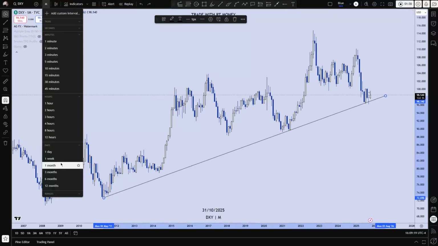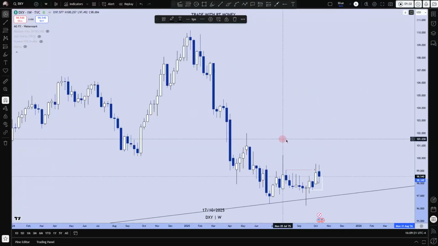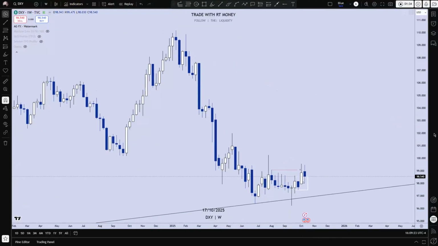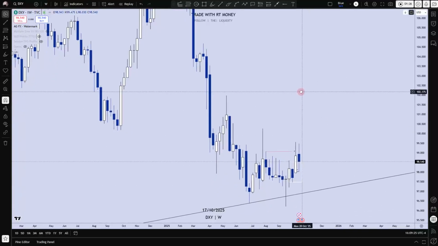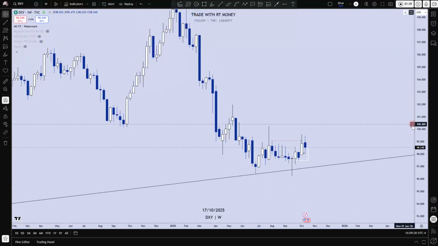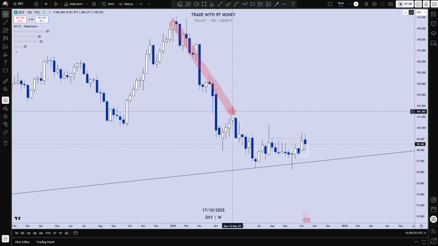Now, if we go to the weekly, we start to hone in on these weekly candles, we can see that we've been in a downtrend, right? But we came down to the trend line, the support line of this trend, right? And you see price pushed up.